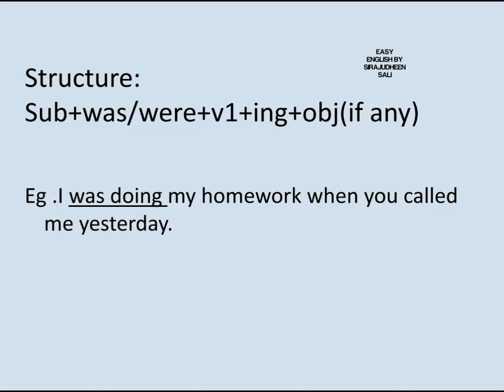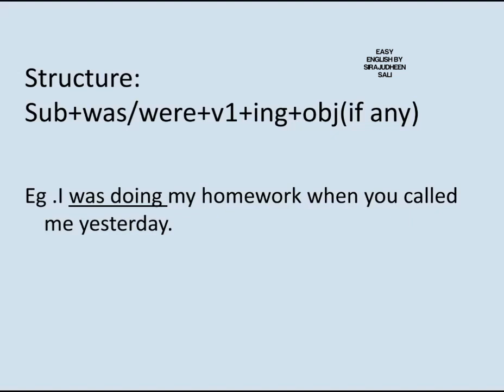So the structure is, you can use subject plus was or were plus V1 plus ing plus object or complement, whatever it is. So the rule is was or were plus the ing form of the verb. So how to use was or were?